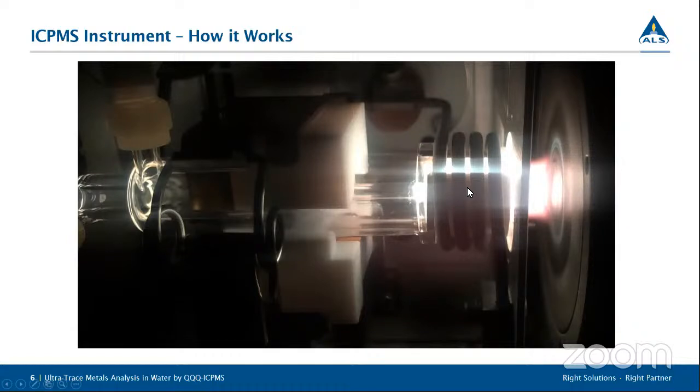The plasma is actually in direct contact with this nickel copper cone. The reason it doesn't melt is because the cone is water cooled, along with the RF coil here. And there's a cooling gas that shields everything else in the instrument from melting.